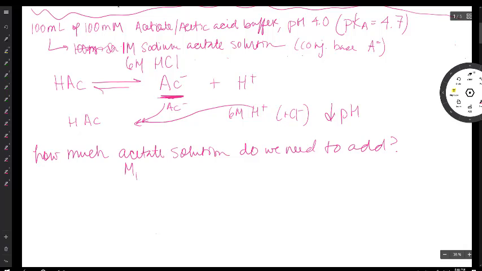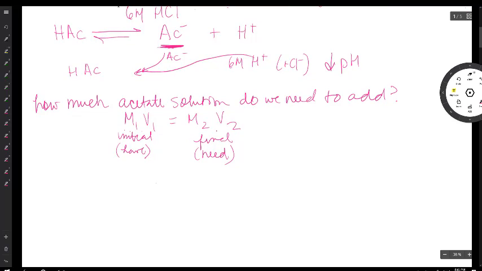So M1V1 equals M2V2. So in this case, this is the initial, what we have, and this is the final, or what we need. Okay, so what we have is 1 molar sodium acetate.